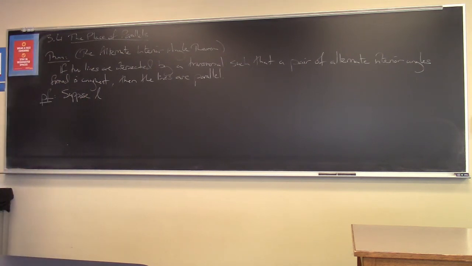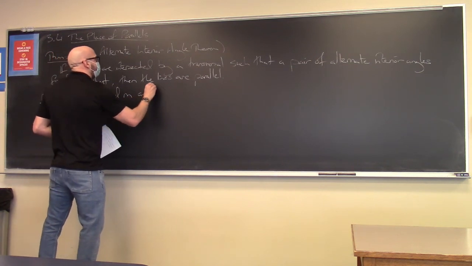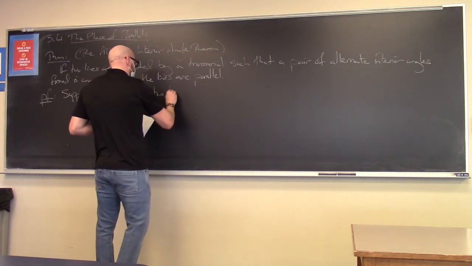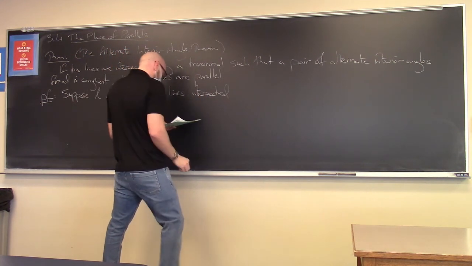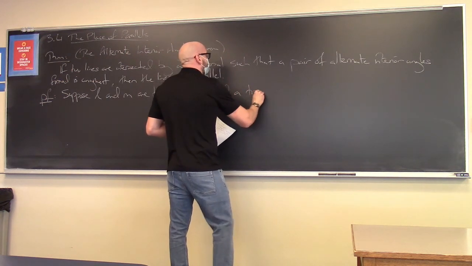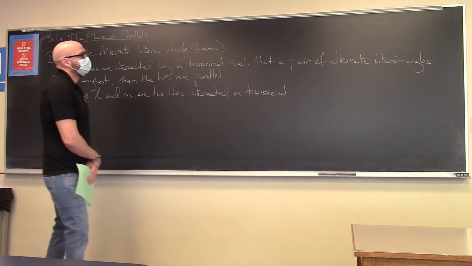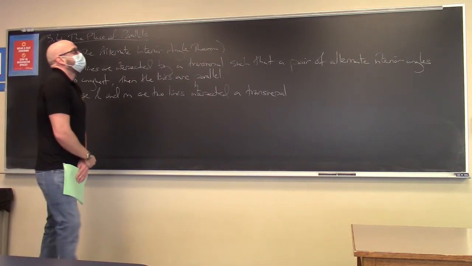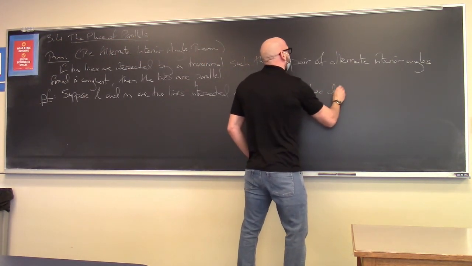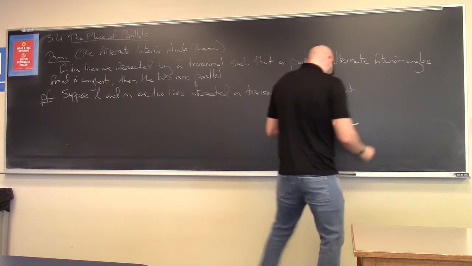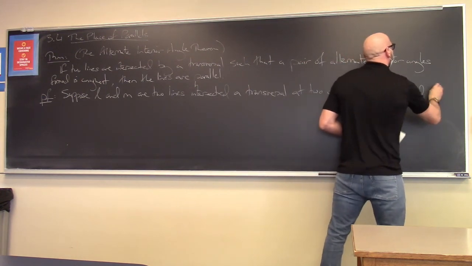We'll assume our hypotheses. So we've got two lines. Suppose L and M are two lines intersected by a transversal at two distinct points, we'll call them P and Q, respectively.